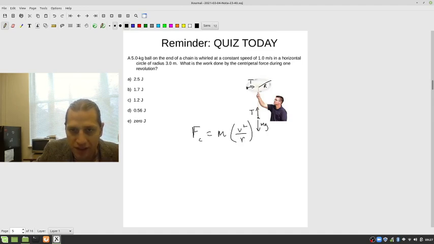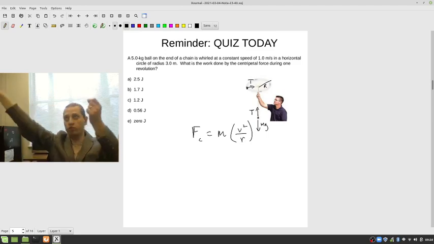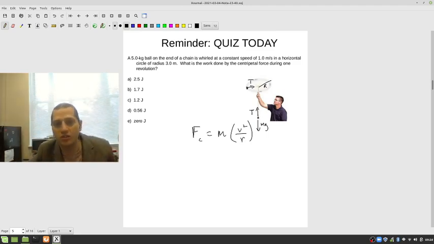put some masses down there. Then you start spinning this thing around, and you try to figure out what radius that object is going to reach equilibrium at. And that can be measured, and your V in that case would be 2 pi r over the amount of time.